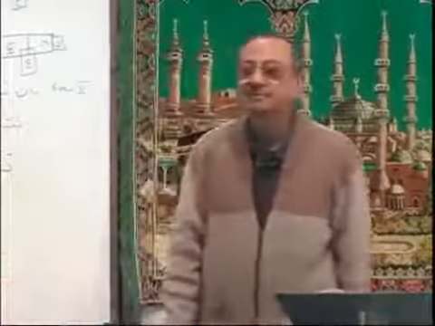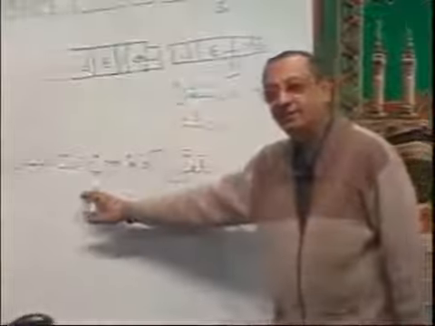Adamu, fa'il. Min, harf jar, Rabbi, ism majrur, mudaf, mudaf ilayh. What is kalimatin? Brother Abdul Samad, what is kalimatin? Why mafulun bi? I see kasra here. Jama muannas salim.